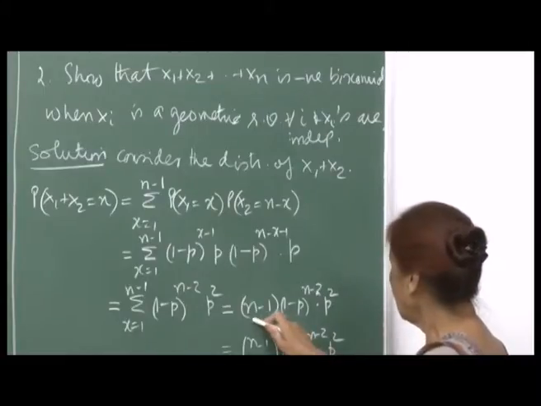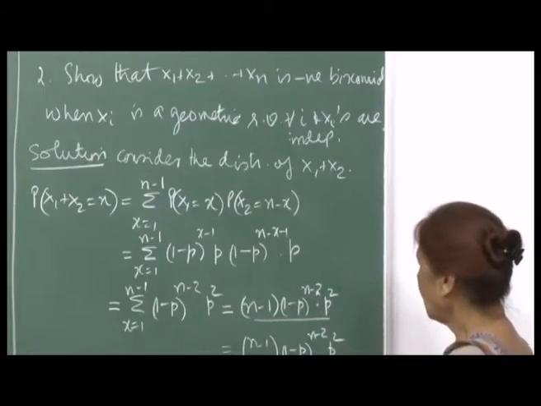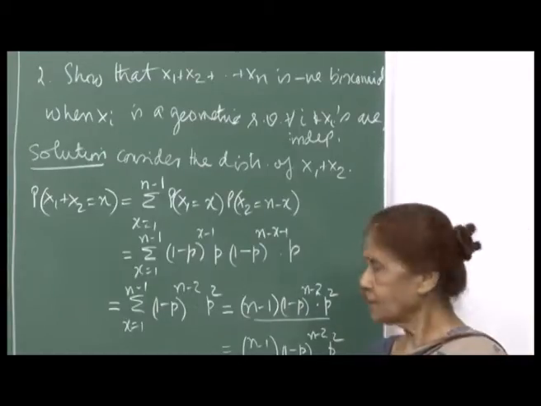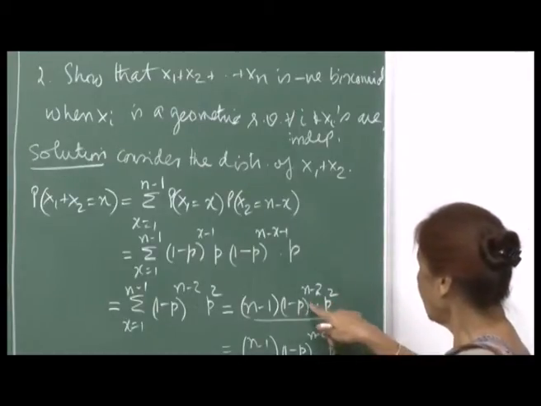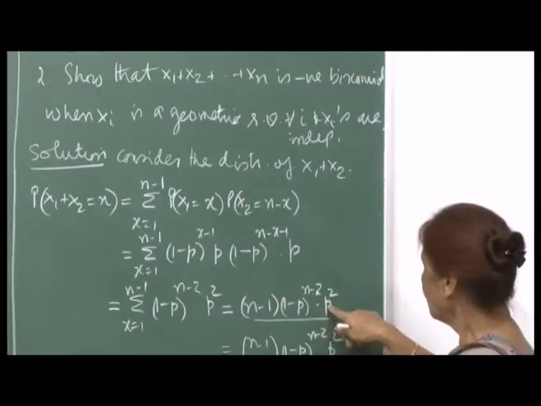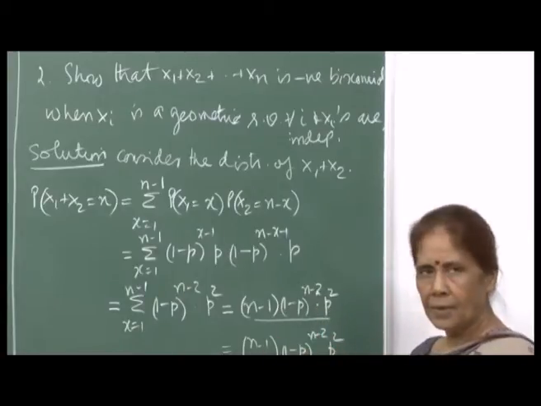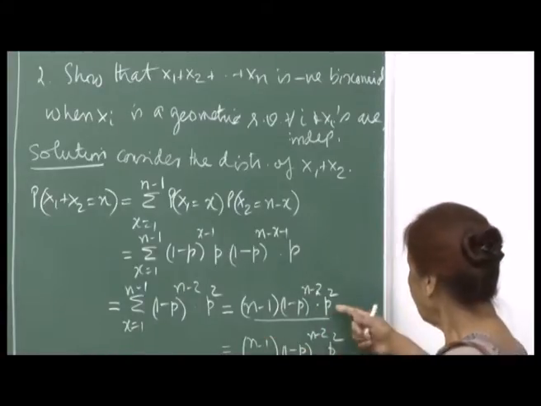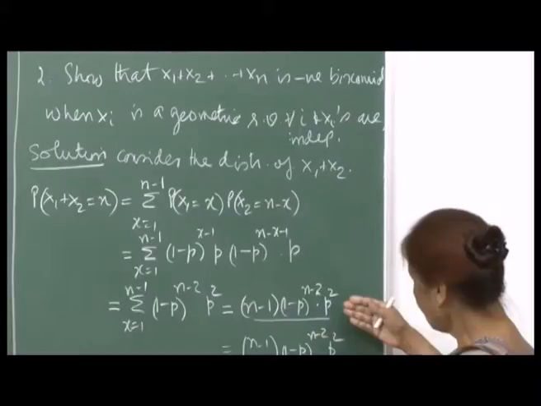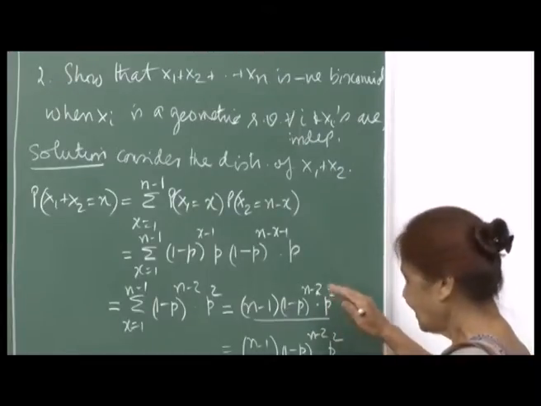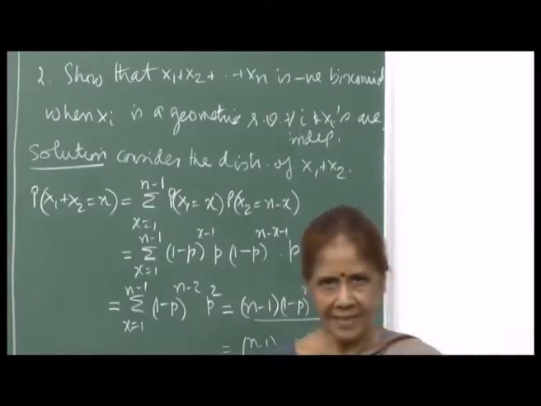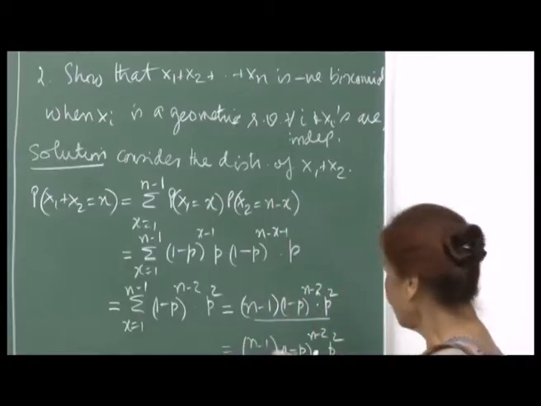Now, this you can see is the probability that out of n trials, 2 are successes and n minus 2 are failures. So this is the probability of 2 successes in n trials, where the second success occurs at the end, and the one other success can occur anywhere in the first n minus 1 trials.